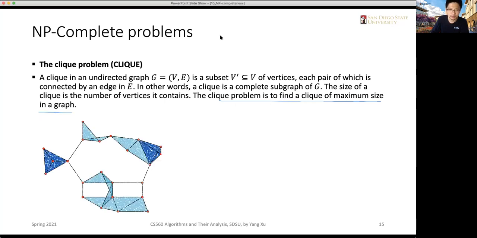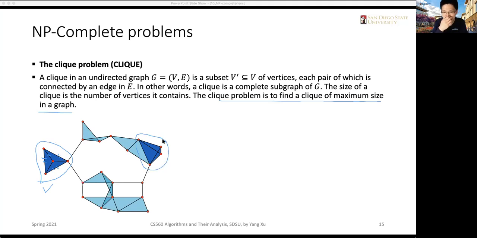If you look at the example here, the dark blue ones, the four vertices here, it is a clique, because any pair of these four vertices has an edge between them in the graph. So that satisfies the condition. That is a clique, and this one is also a clique.